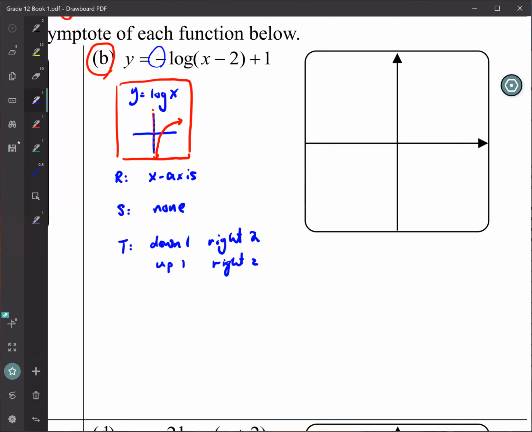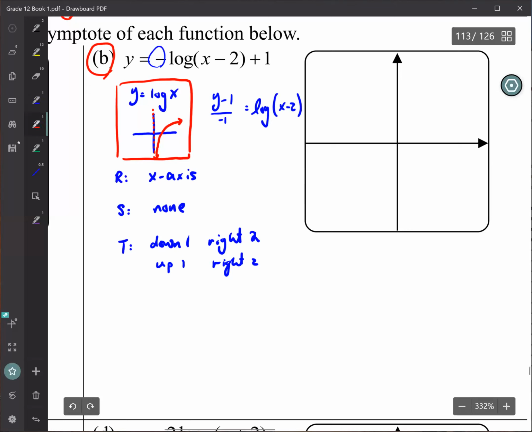The way you tell is you need to turn it into story form. Let's double check the story form. Plus 1 goes to the left will be minus 1, right? Divide by negative, equals log x minus 2. If you see a minus, the direction means either right or up.